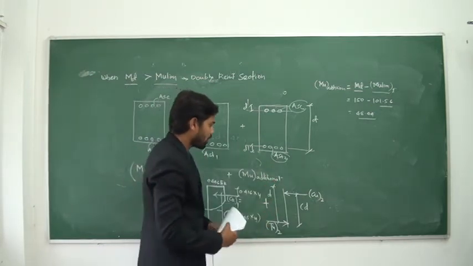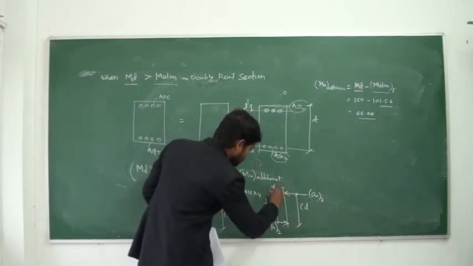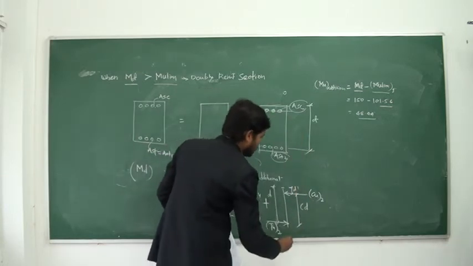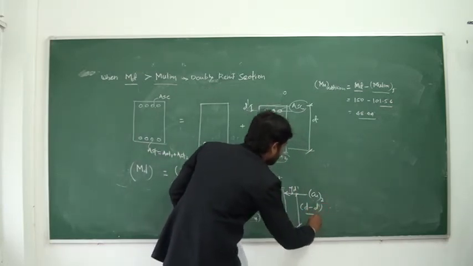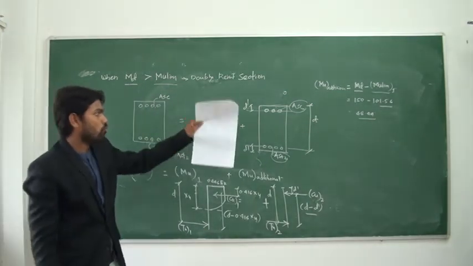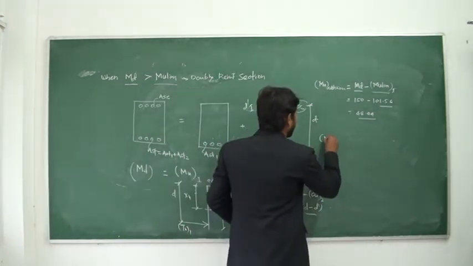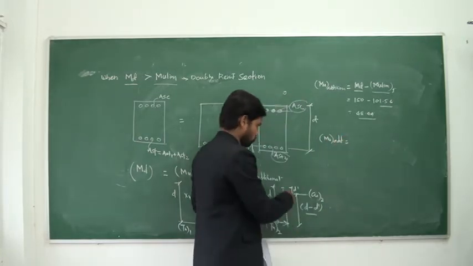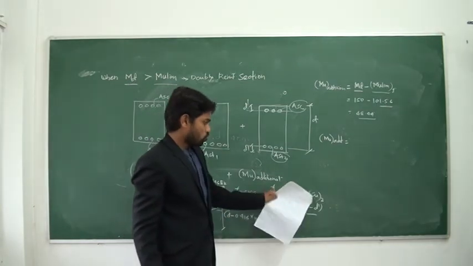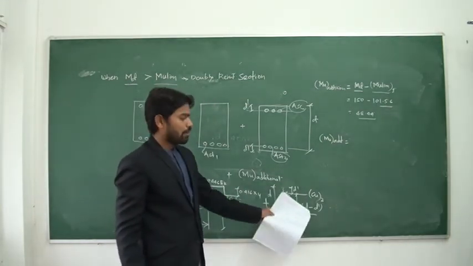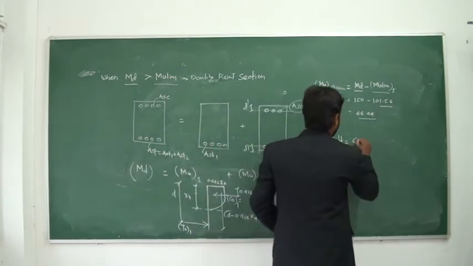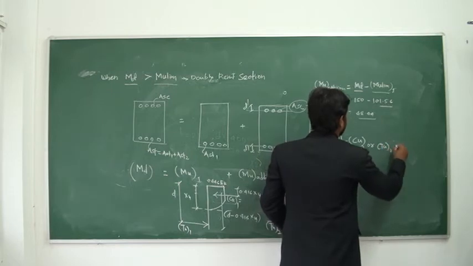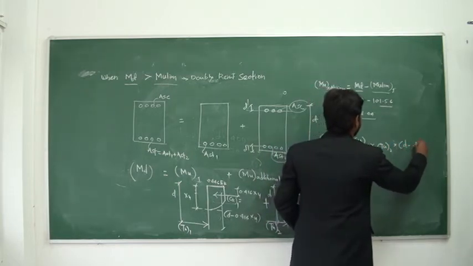Okay, so what will be the lever arm? The lever arm will be d minus d dash. So if you want to calculate this Mu additional, you will calculate it using Cu2 or Tu2 multiplied by d minus d dash.